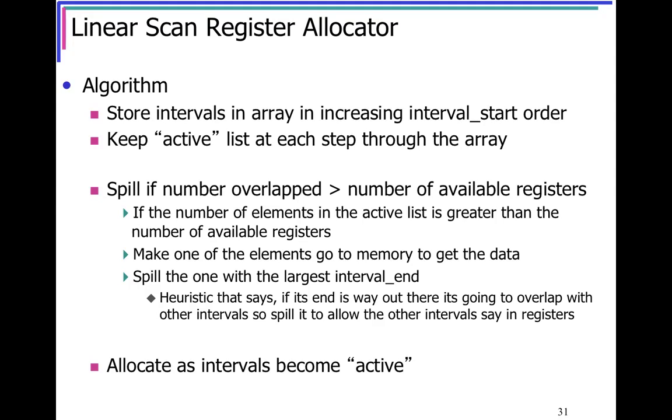If the number of available registers is less than the number of things you need to put in your active list, that is when you have to spill to memory. That is, if the number of elements in the active list is greater than the number of available registers, we need to copy one of the elements to memory.